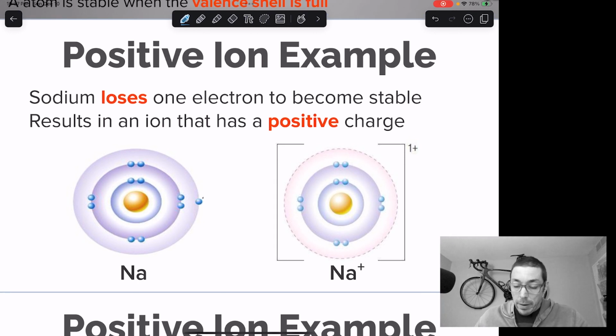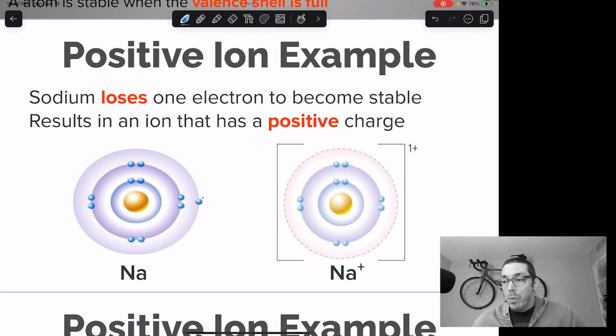So let's look at creating a positive ion first, and we'll look at sodium. So we know sodium is in group 1 of the periodic table, and we also know that it has 1 valence electron, and you can see that in the picture here. So if sodium wants to make itself a little bit more stable, well, it could try and collect 7 more electrons to add to that valence ring to give it 8.